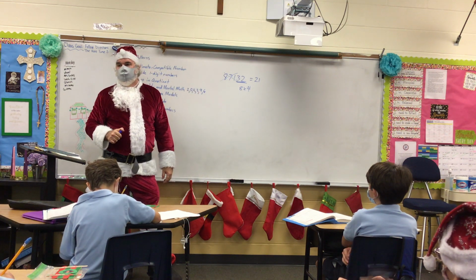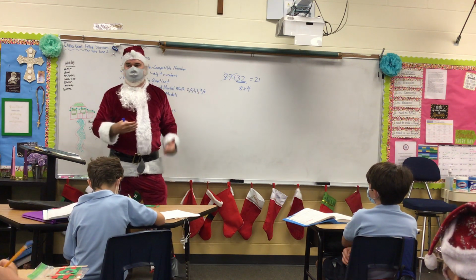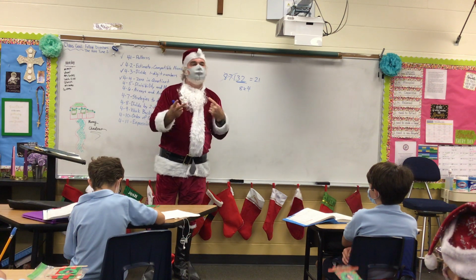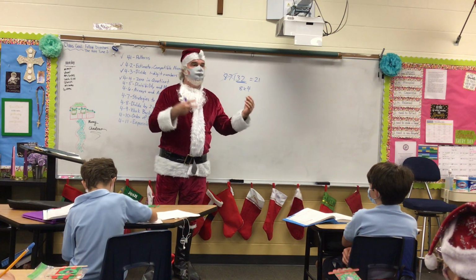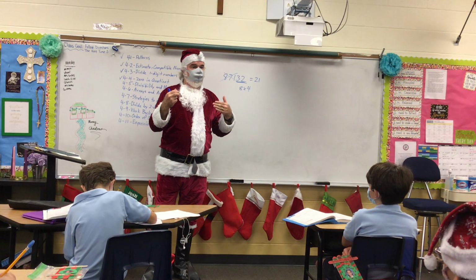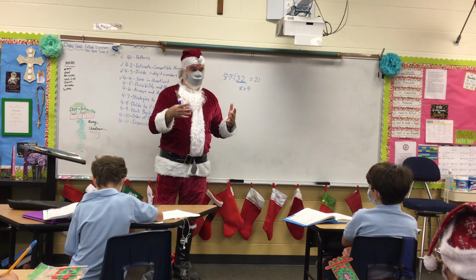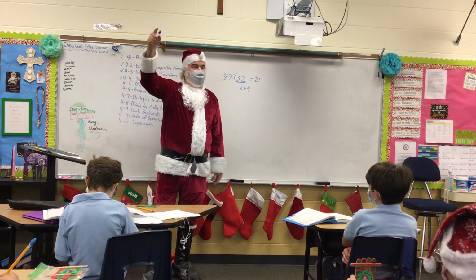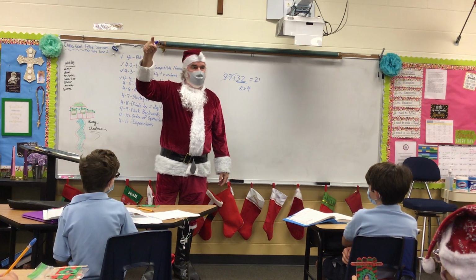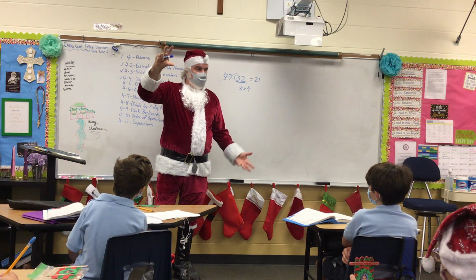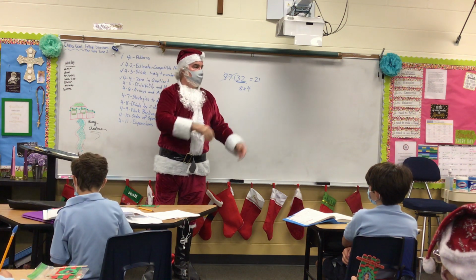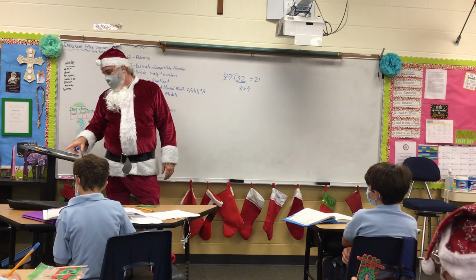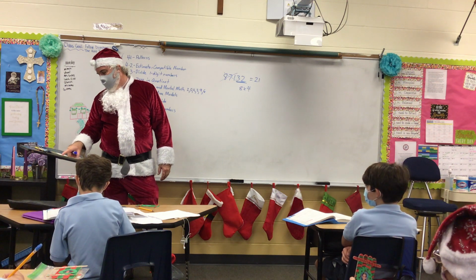It's divisible by 6. It's divisible by 6 because why? 2 and 3 go into it. Because it's divisible by both 2 and 3. Okay? Does everyone understand that? For 6, you don't have to do anything, you just have to check and see if it's divisible by 2 and 3. If it's divisible by 2 and 3, then it's also divisible by 6. And the last one, 9.